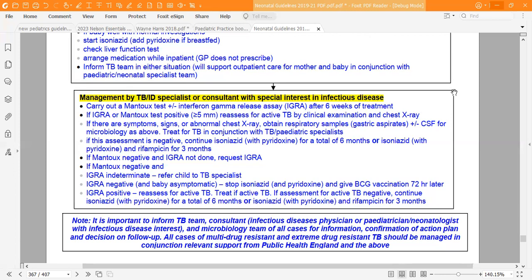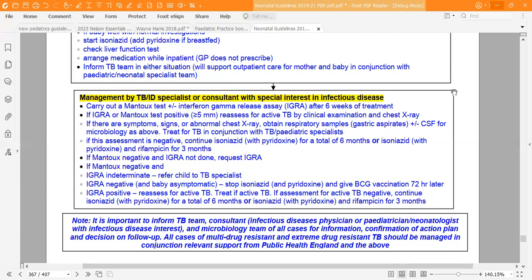If IGRA or Mantoux test is positive, meaning induration of 5 millimeters or more, we are going to reassess again for clinical signs of active TB. We check the chest X-ray again.